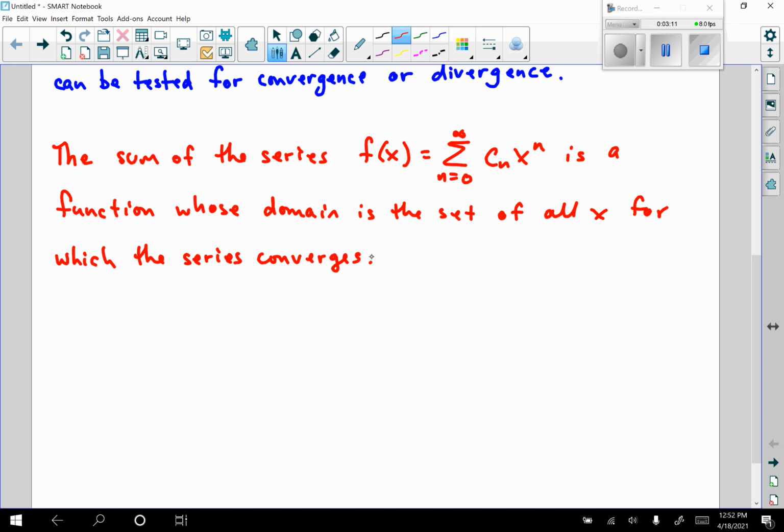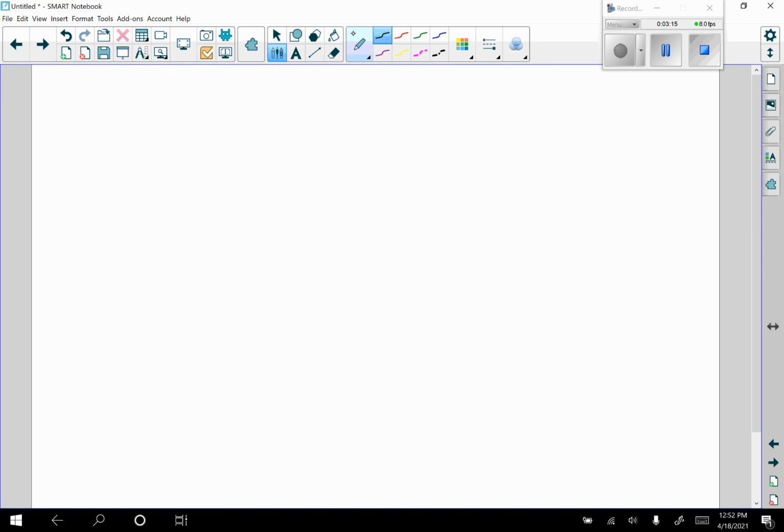So we'll take a look at an example. Let's say we have a summation as n goes from 0 to infinity of just x to the nth power. So we'll start to write this out. So x to the 0 is just 1, then we'll get plus x to the first, plus x squared, plus x cubed, and so on.